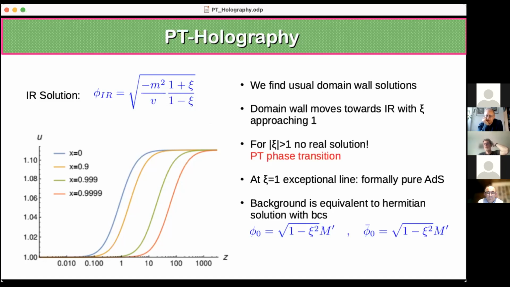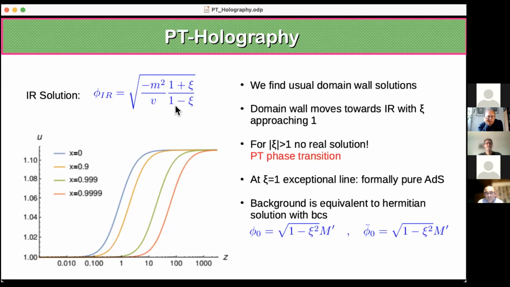So this minus m squared is actually a positive number. V is the self-coupling of the scalar field, that's also positive. And that's the value the scalar field wants to take as you go with r to 0 if you impose these non-Hermitian boundary conditions at r equals infinity.